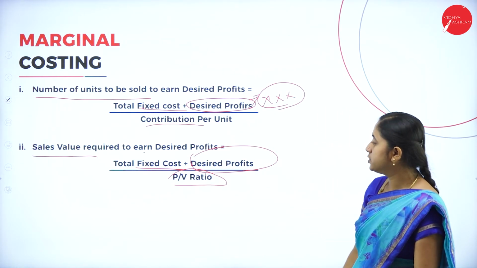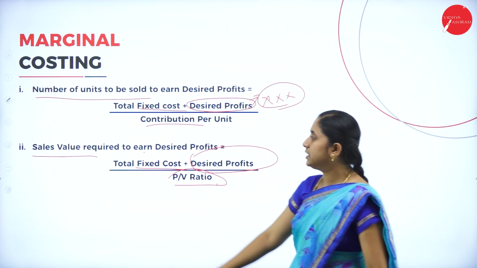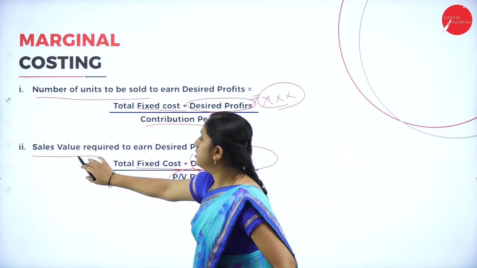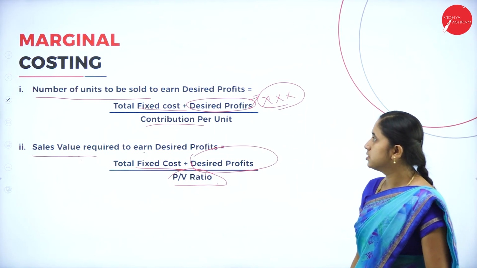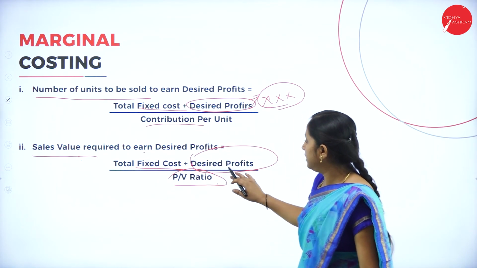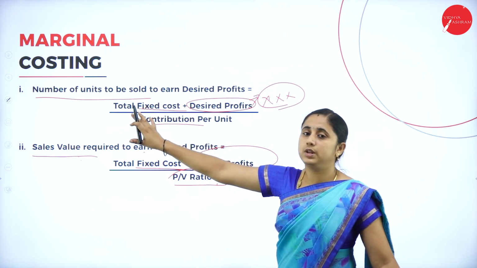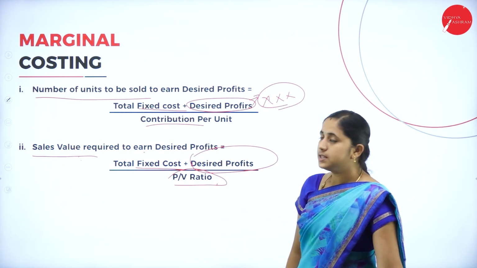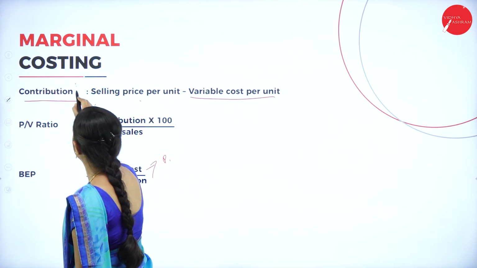Here you will use PV ratio instead of contribution. Here we calculate the sales value, but in the previous one the number of units sold. Both formulas are to calculate the desired profit, but here you calculate the number of units sold, and here the selling price.